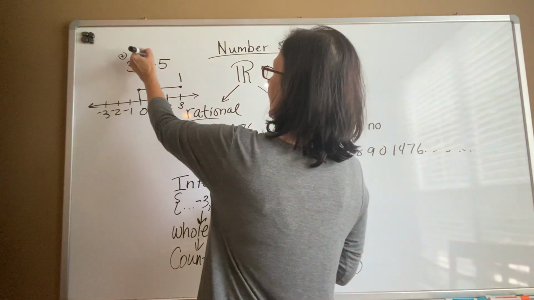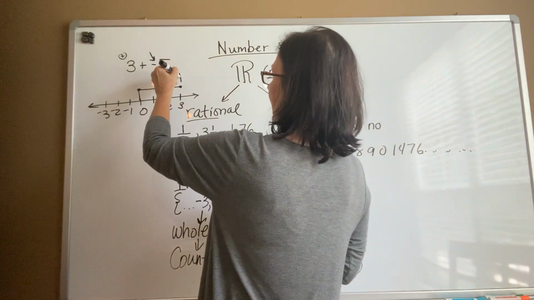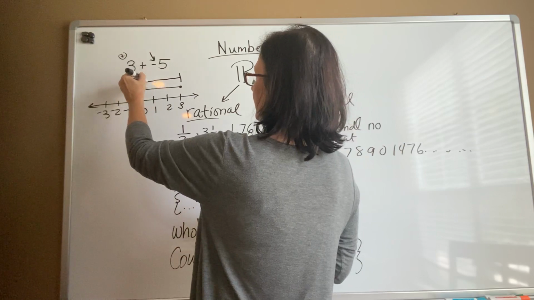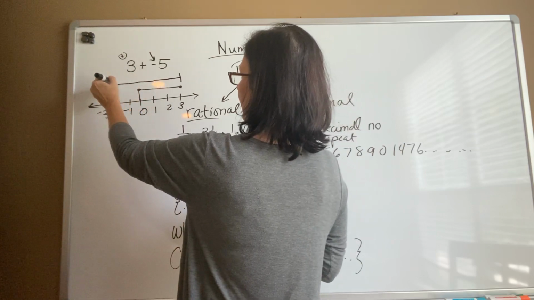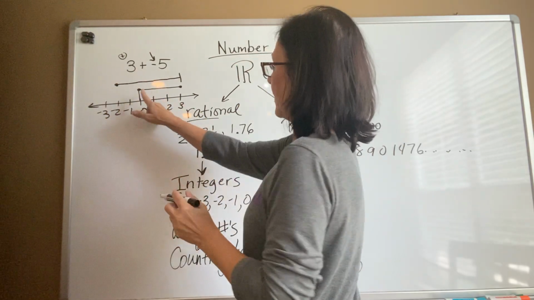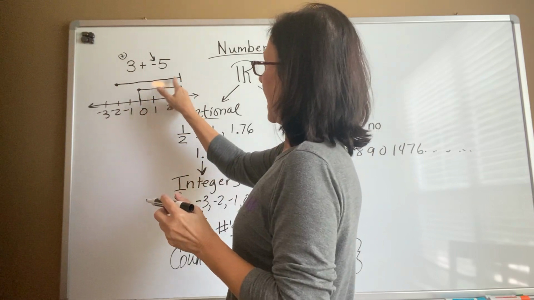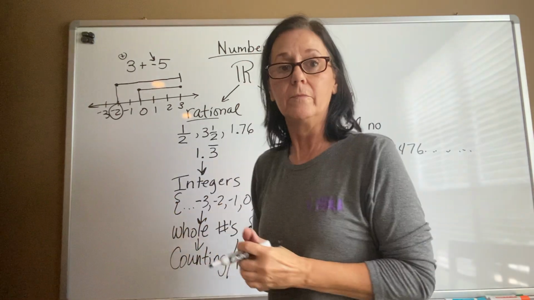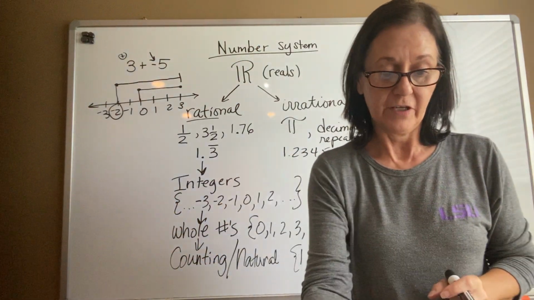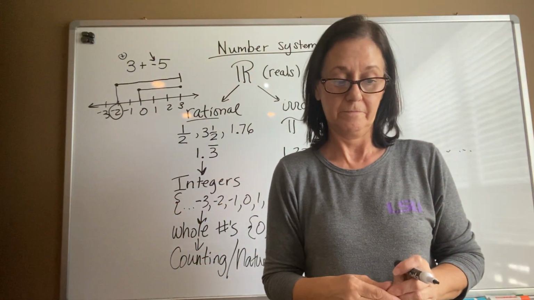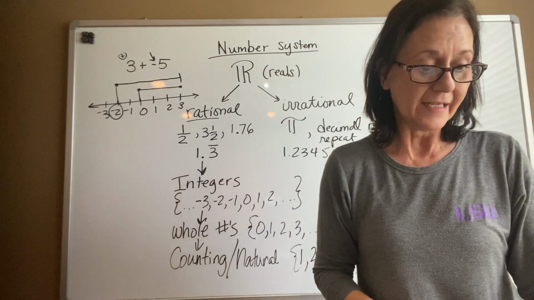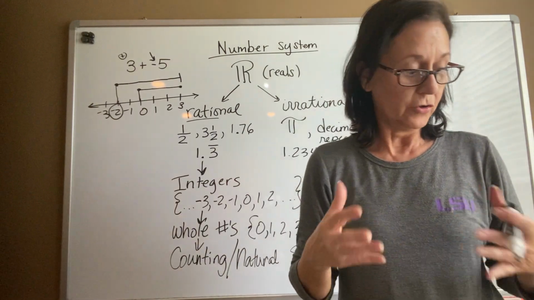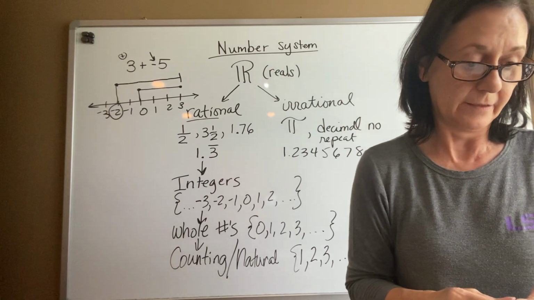And then I go back in the negative direction 5. 1, 2, 3, 4, 5. So that 3 minus 5 is equal to -2. All right, that is how we use a number line.